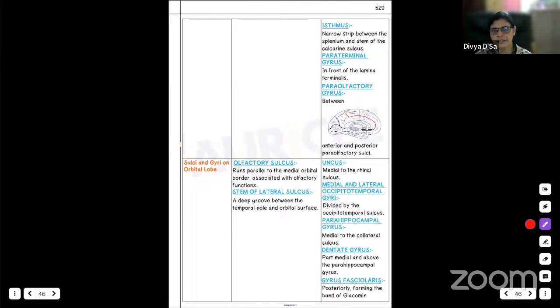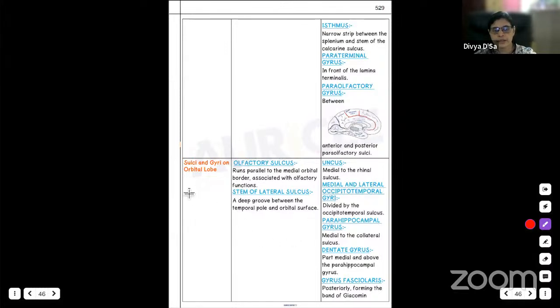Here in front, the lamina terminalis is the anterior end of the neural tube. In front of the lamina terminalis there is the paraterminal gyrus, and just in front of that, the anterior and posterior para-olfactory gyri.